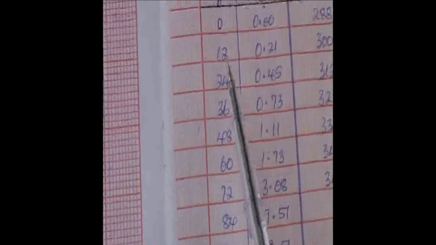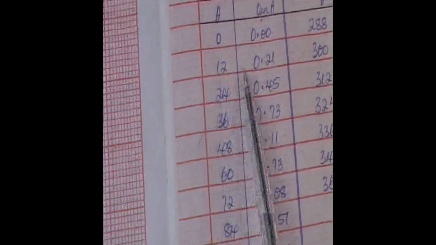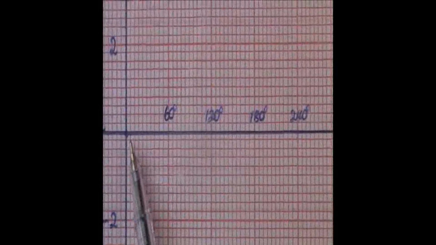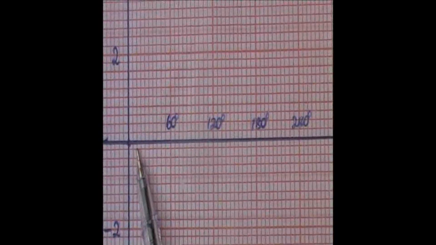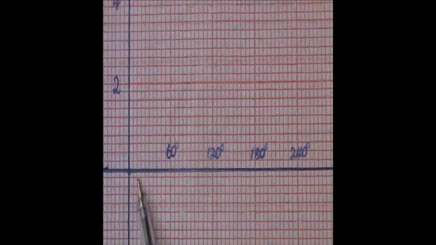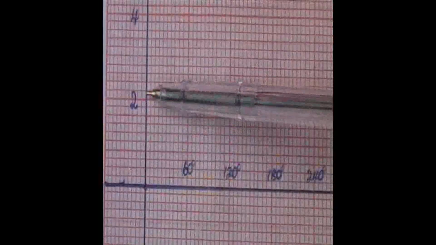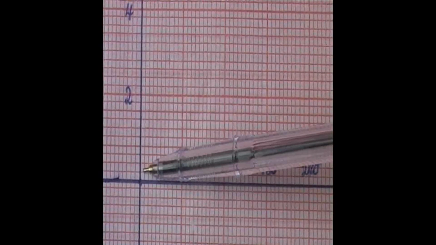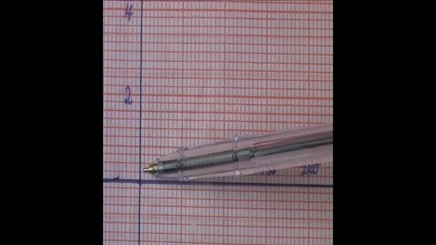So now that we want to plot 12 degrees against 0.21, which is the value of tan 12. So 12 degrees is, this is 6 and this is 12, the second small square. So we are plotting against 0.21. If from here to here is 2, that means each of the small squares will be 2 divided by 10.